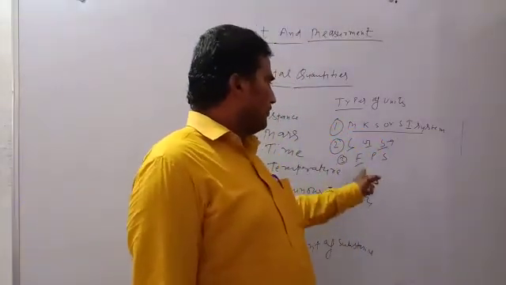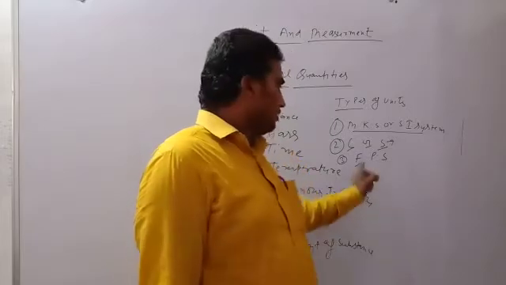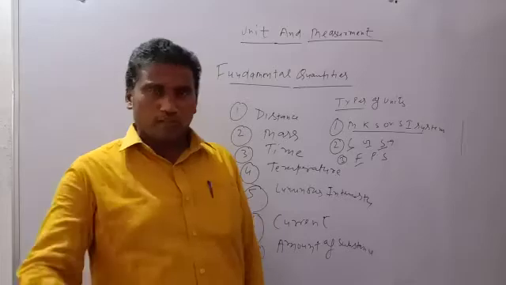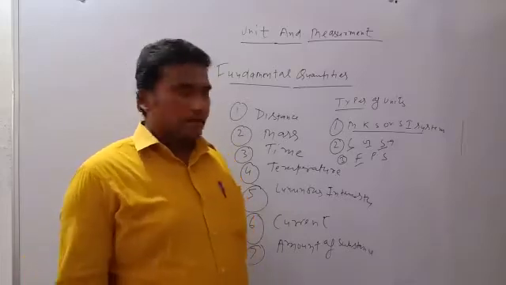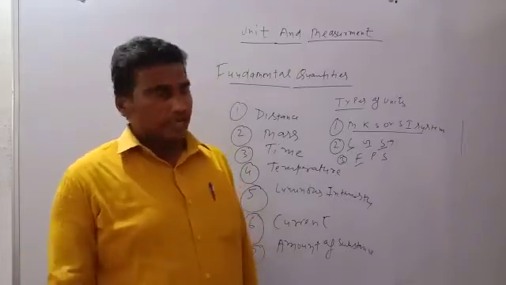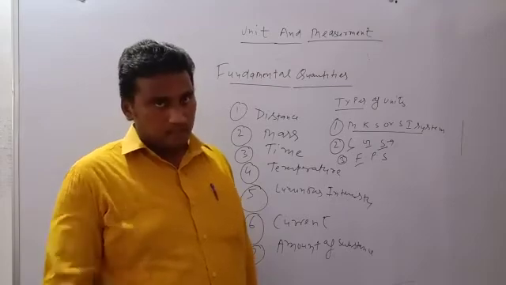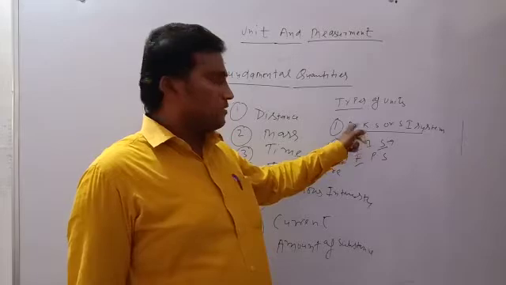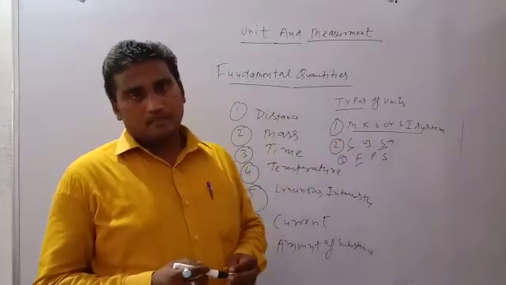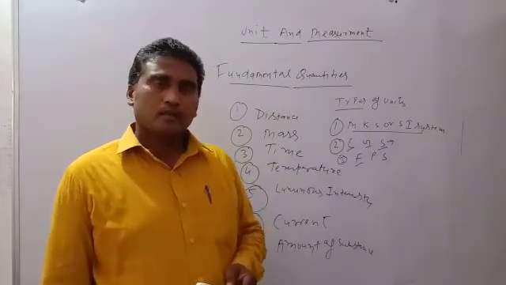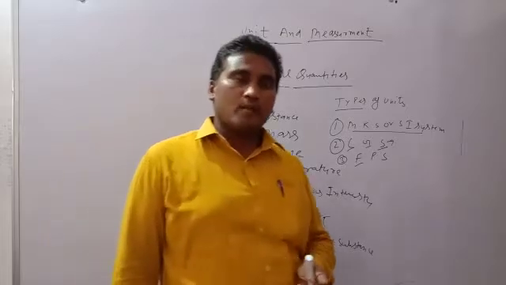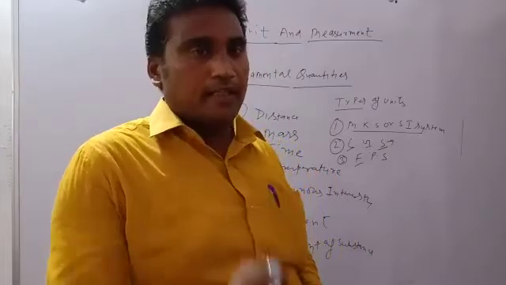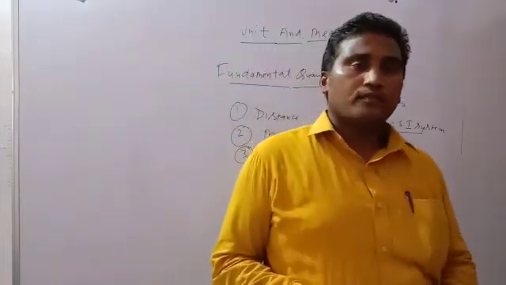The foot is the smallest unit for distance, pound is the smallest unit of mass, and second is the smallest unit of time. The biggest units in these terms are meter for distance and kilogram for mass.